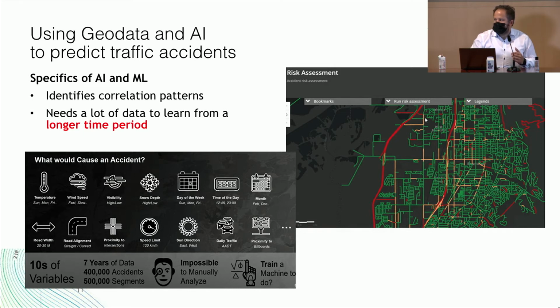And this is not just used in traffic, it's also used in agriculture, in analysis of other patterns. It was used in the COVID response for epidemiology and so on. So artificial intelligence and geodata go hand in hand to produce new events.